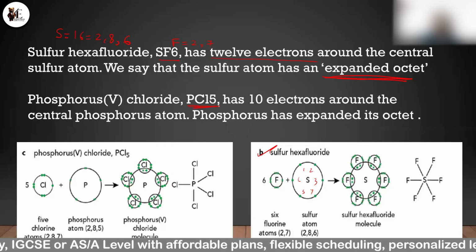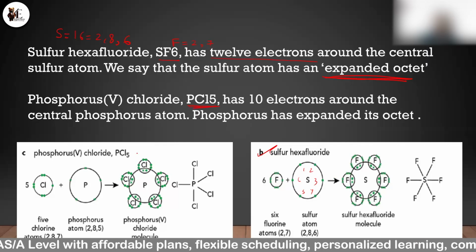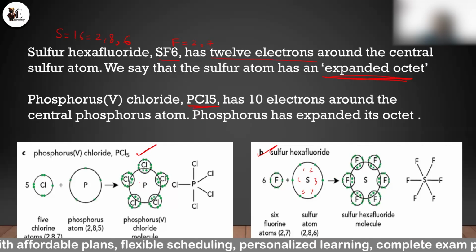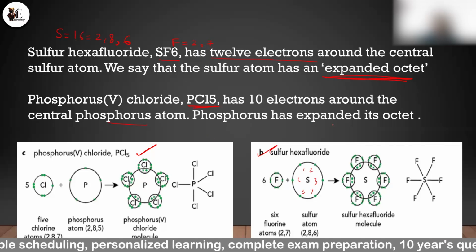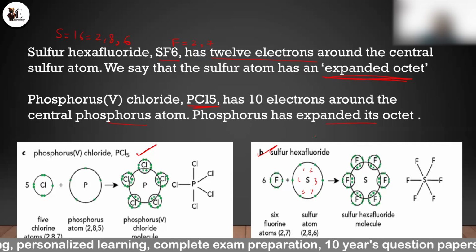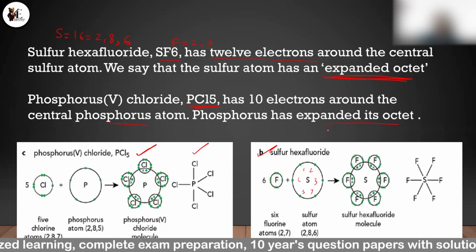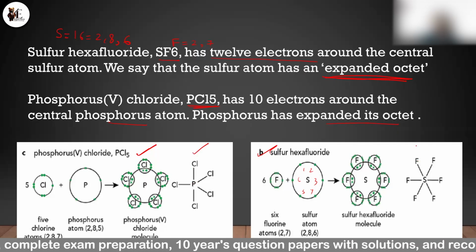Similarly, for phosphorus chloride, after sharing the electrons from chlorine, you can see the structure. It has 10 electrons around the central phosphorus atom, so we say that phosphorus has expanded its octet. The shape of PCl5 is like this, and for sulfur hexafluoride, it is octahedral.